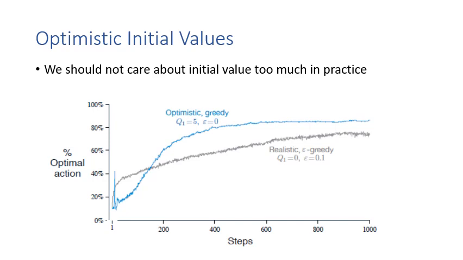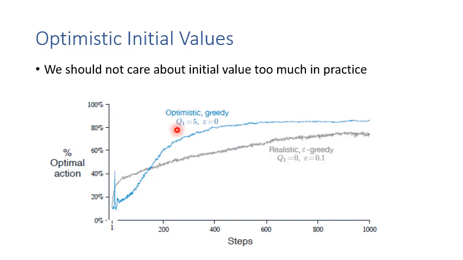So how does the selection of the initial value Q1 affect the final learning results? We can run a simple test in our 10-armed bandit testbed. We can set Q1 to a high reward. Suppose we set it to 5.